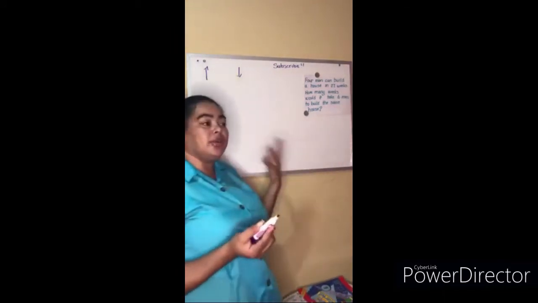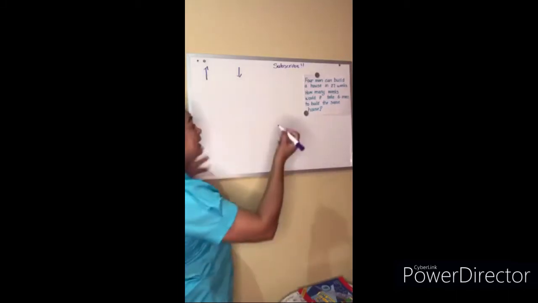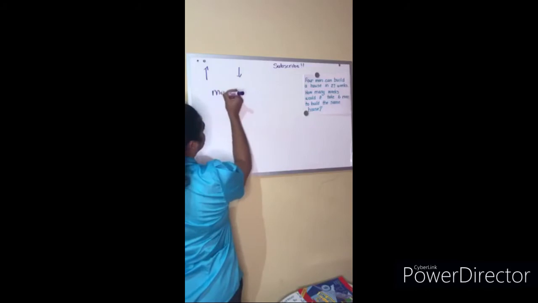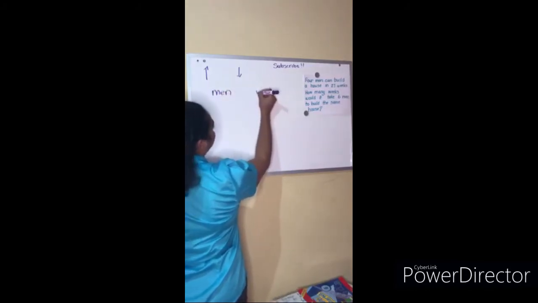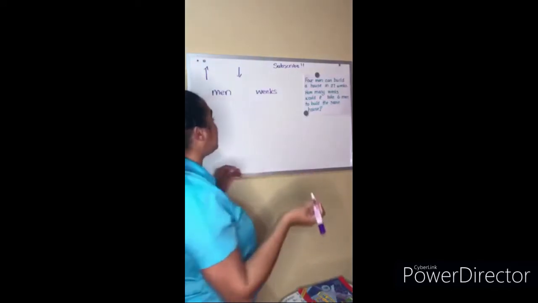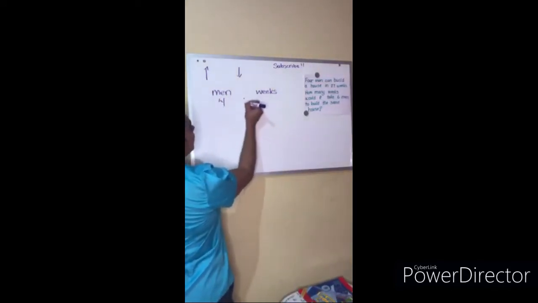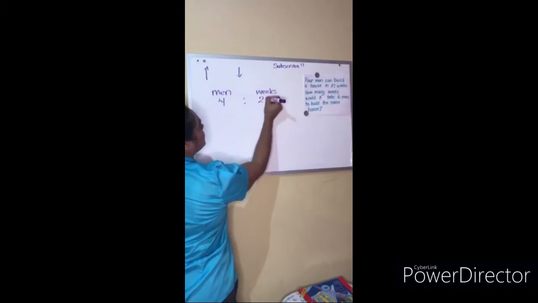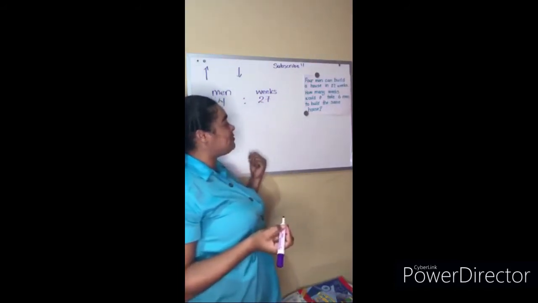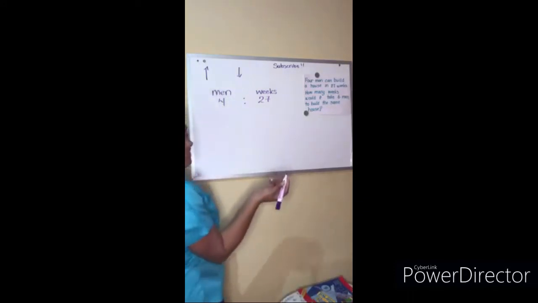Now, like any other ratio, the first thing we're going to do is label our problem. So we have men, and we have weeks. Now, it says 4 men will take 27 weeks. How many weeks will 6 men take? So we need to put 6 men somewhere.